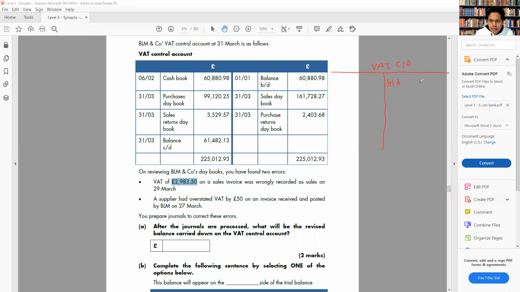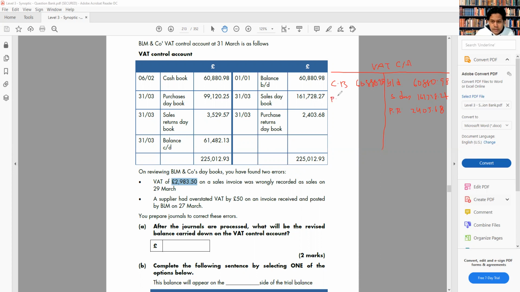Balance BD 60,880.98, then sales day book, that is 16172827, then purchase return, that is 2403.68. The other side we have the cash book, that is 60,880.98.